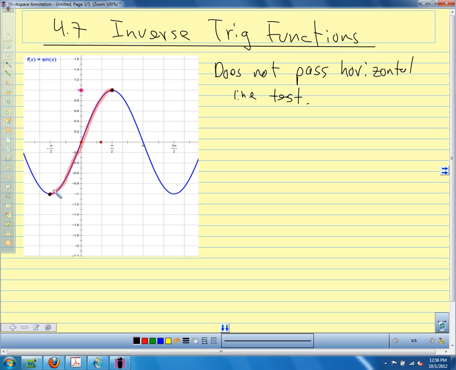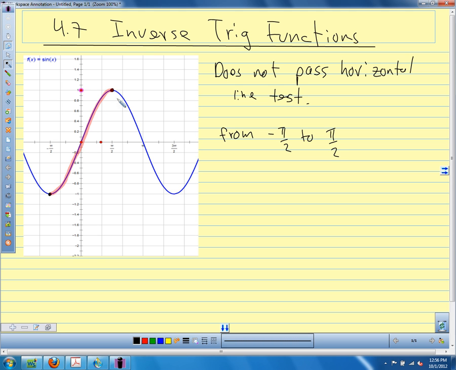So does this highlighted section from negative pi over 2 to pi over 2 pass the horizontal line test? Yes, I can draw a horizontal line through those, and because I've cut it off here, I don't ever cross the graph twice.